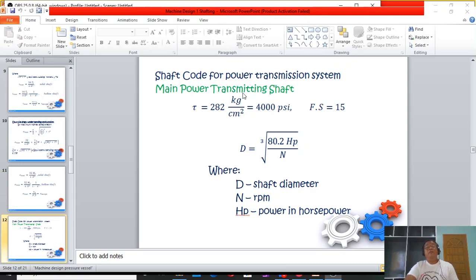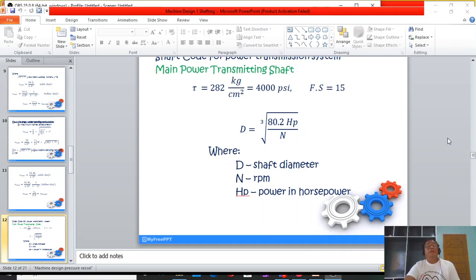Then substitute that equation, and you will derive an equation which is D equals the cube root of 80.2 horsepower over N. So you can, class, easily determine the diameter of the shaft if the horsepower and speed of the engine are known. Take note of that, class.